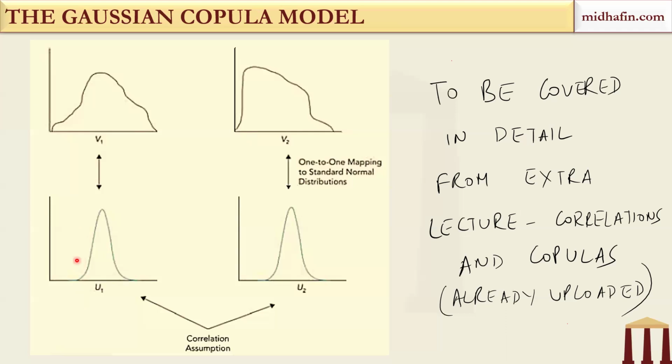And then since you are interested in the joint distribution, why are you interested in the joint distribution? Because when you talk about credit risk, if you have more than one credit, let's say if there are two credits only, then in the beginning only we discussed that defaults are not independent of each other. They cluster together and one company's default might trigger the default of another company.